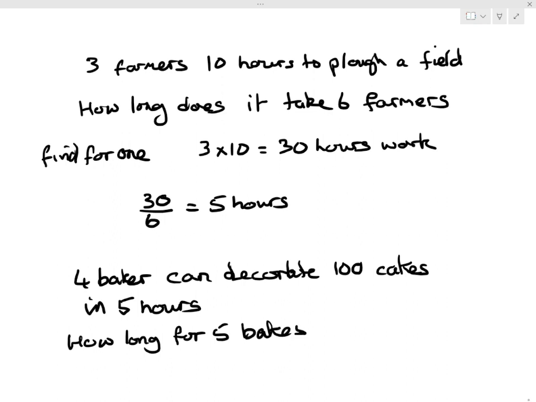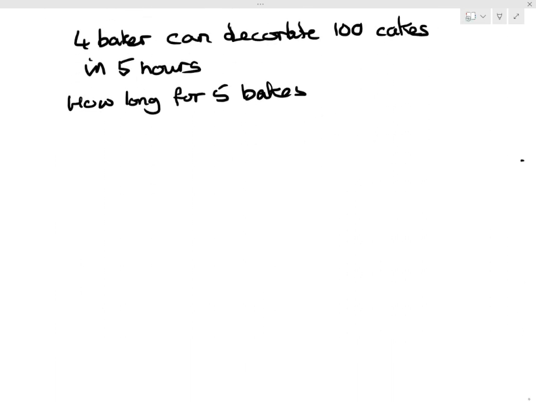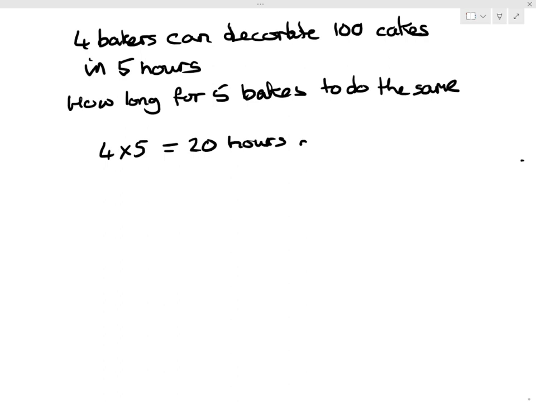Right, so 4 bakers, 5 hours. So 4 times 5 equals 20 hours of work.